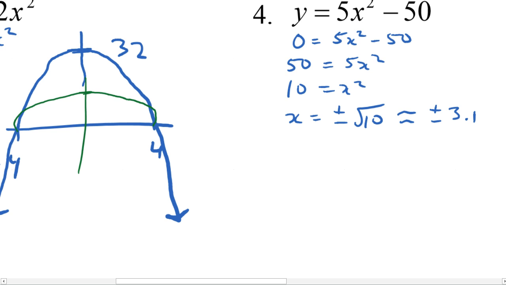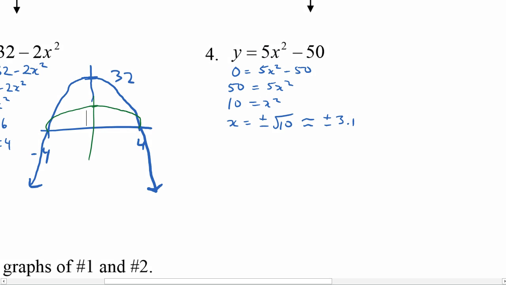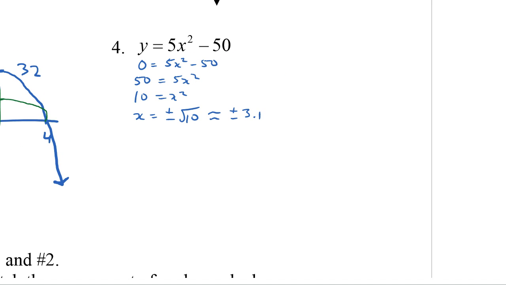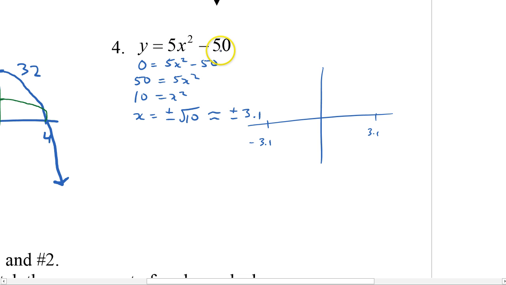Alright, let's take a look at the 5x squared minus 50. It does have two x-intercepts at negative 3.1 and positive 3.1. So if I sketch a really quick graph here, I've got a 3.1 here, and a negative 3.1 here. It should be opening upwards, and if I plug in a 0 for x, I'll get a minus 50.